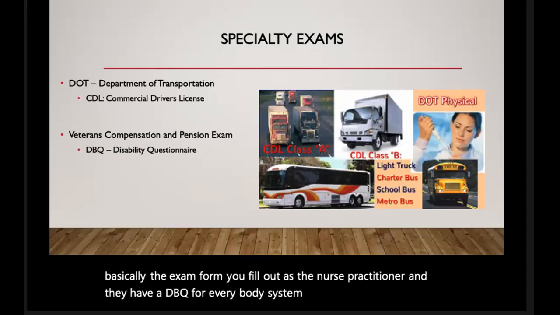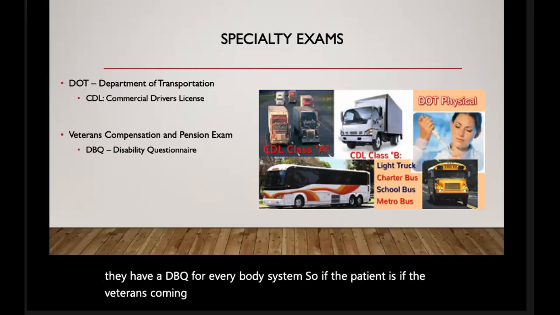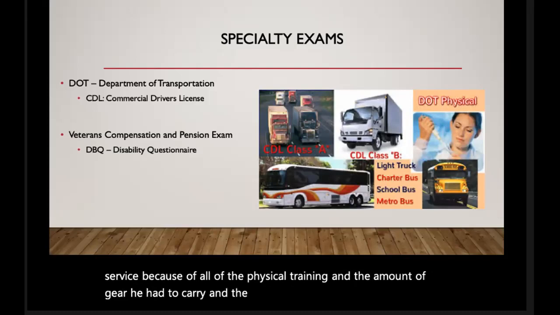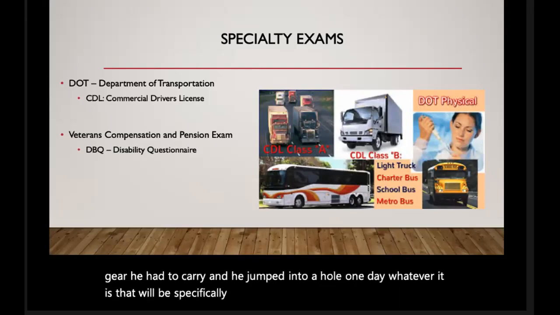So if the veteran's coming in and saying that he injured his back during service because of all of the physical training and the amount of gear he had to carry, and he jumped into a hole one day, whatever it is, that will be specifically a musculoskeletal DBQ exam.